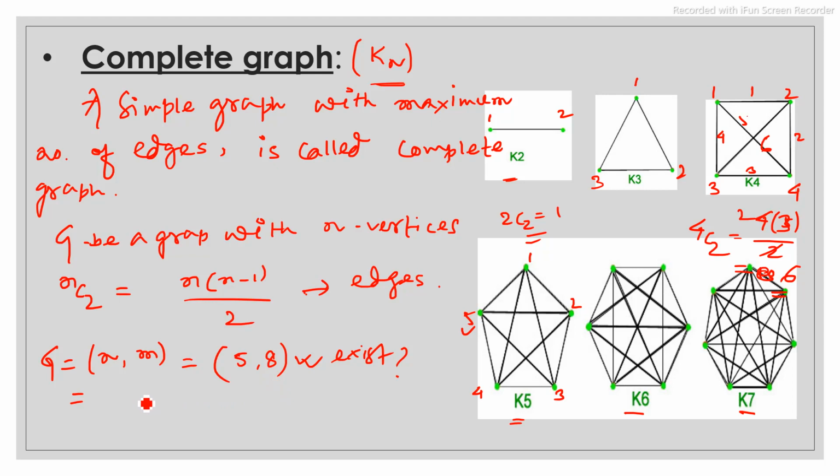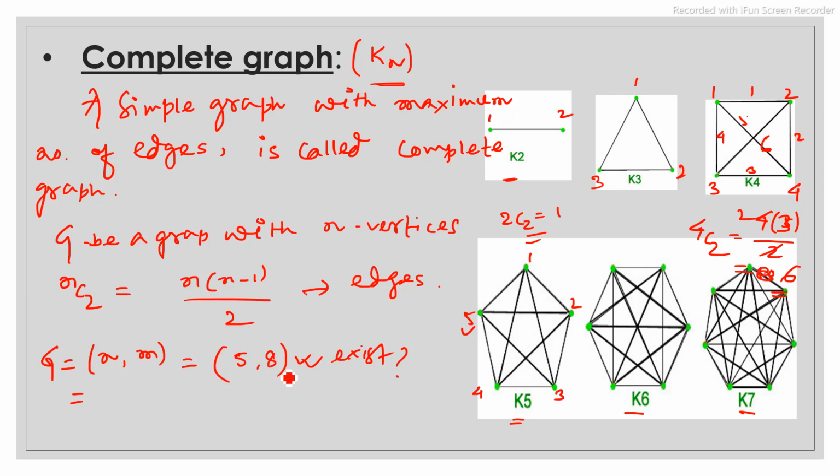We can use the handshaking lemma. Every graph satisfies the handshaking lemma. What is the statement of the handshaking lemma? Total degrees equal to twice the number of edges. Vertices are known here, but we don't know the degrees of each vertex.